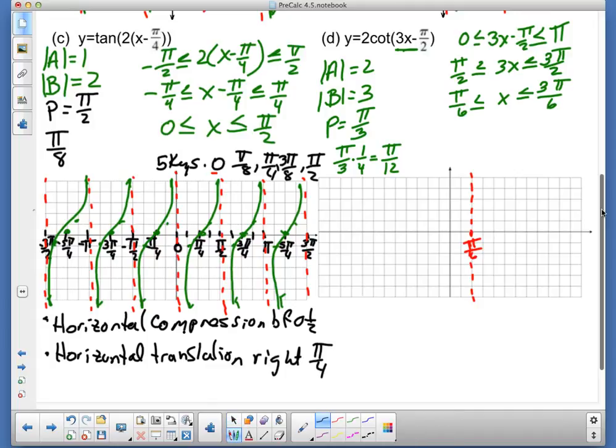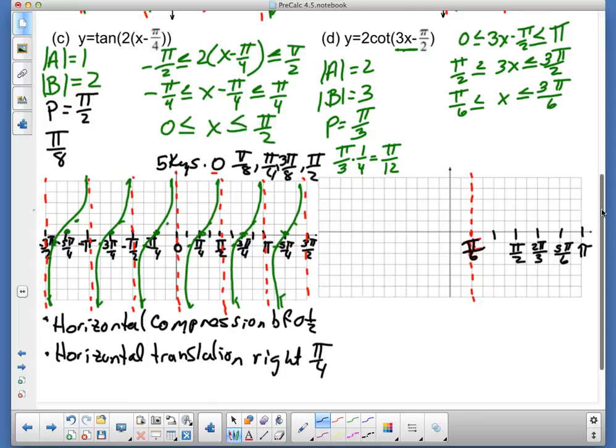Maybe I'll get that as a different color so we can see that. I got pi over 6, 2 pi over 6, 3 pi over 6, which is pi over 2, 4 pi over 6, which is 2 pi over 3, 5 pi over 6, and pi.